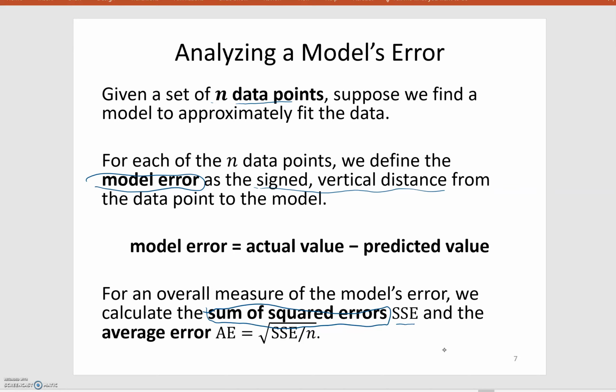And as long as we're talking about the SSE, there is a closely related concept called the average error. The average error is the square root of the SSE divided by the number of data points, so that it's averaged in the sense that it takes this total error and smooths it out over all the data points and then takes the square root.